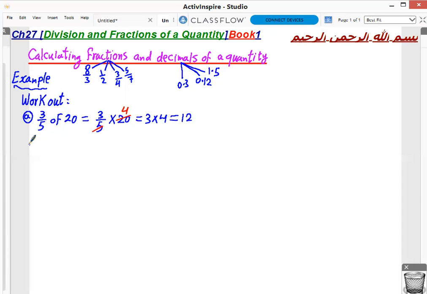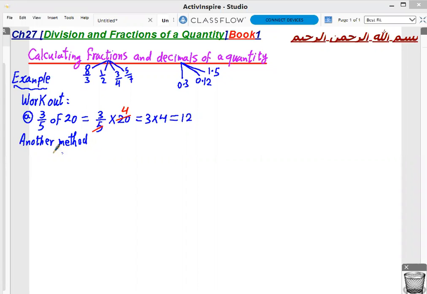Another method, but I prefer this method. Now another method.